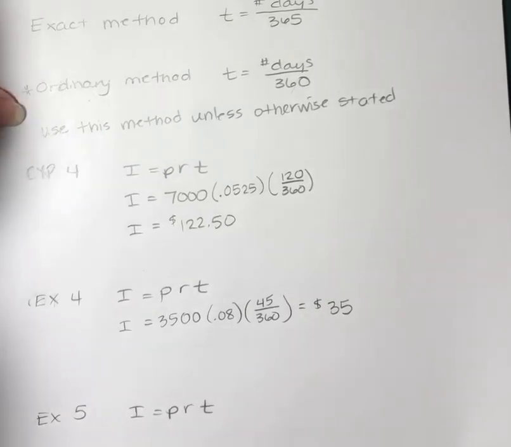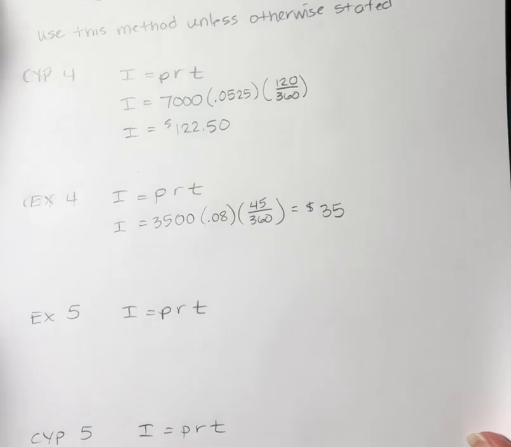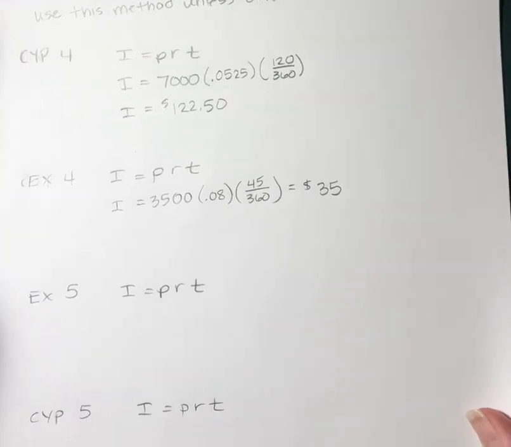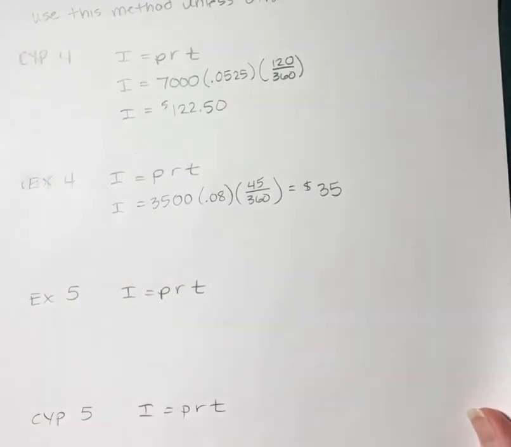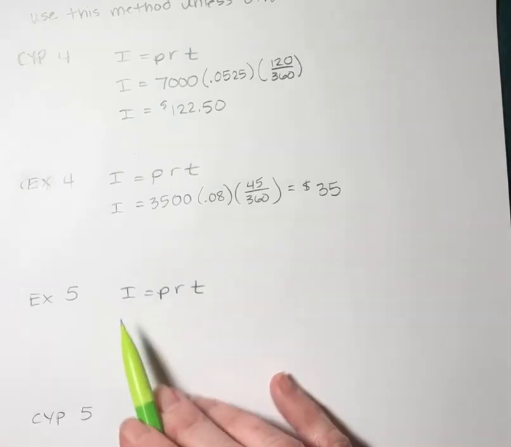Now example 5 and 6, or example 5 and check your progress 5. Change things up a little bit. We're still using the same formula. Okay. So example 5. The simple interest charged on a 6-month loan of $3,000 is $150. So they are giving me the interest.